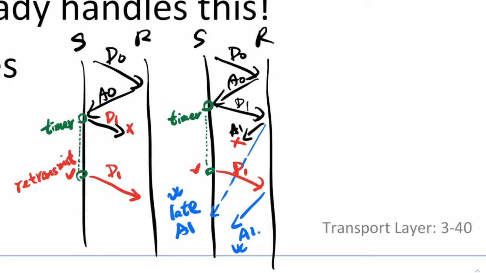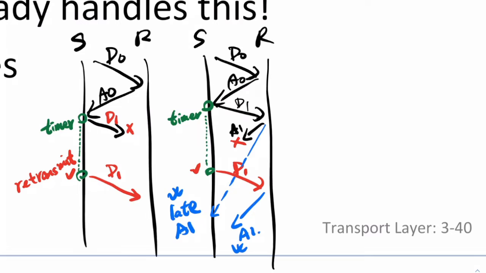But it is okay, because no matter which A1 the sender gets, the sender knows A1 correctly arrived at the receiver side. So no matter which blue A1 the sender gets, it is okay. But sometimes the sender might get a duplicate ACK.